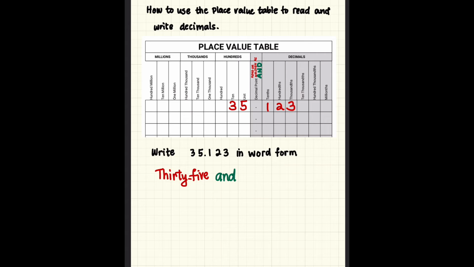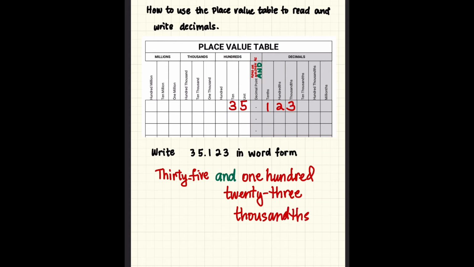So we would read this as 123 thousandths. Let's write that down. And 123 thousandths. That's how to write this in word form.